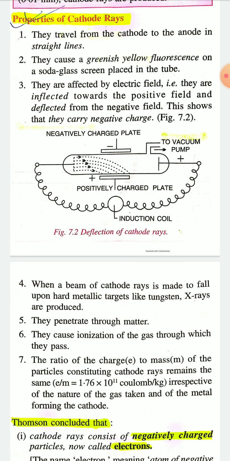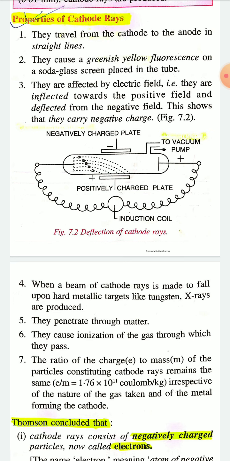That is, the charge by mass ratio of cathode rays, the e by m ratio, is always the same, and its value is 1.76 into 10 to the power 11 coulomb per kg. This value is always fixed irrespective of the nature of the gas taken and the metal forming the cathode.